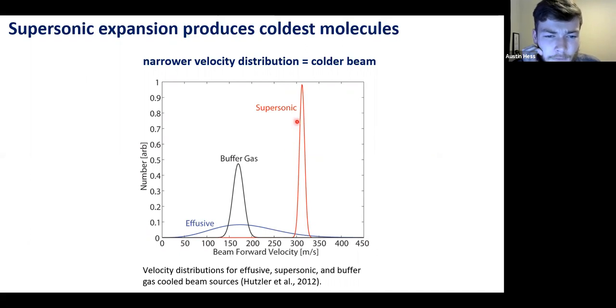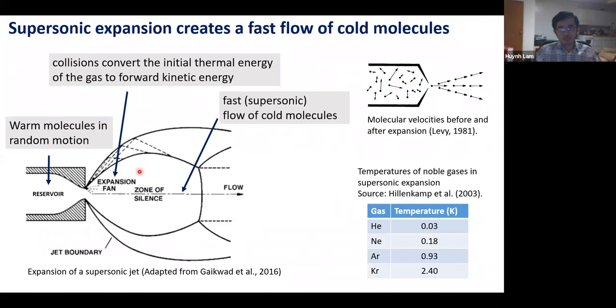Oh, so the effusive gas jet is the design that is currently used in JILA, and the difference is, in supersonic gas, by controlling the pressure and the diameter of the nozzle, you will reach a condition in the expansion where there will be many collisions, and those collisions will convert the thermal energy of the gas into directional motion, which is not related to temperature.